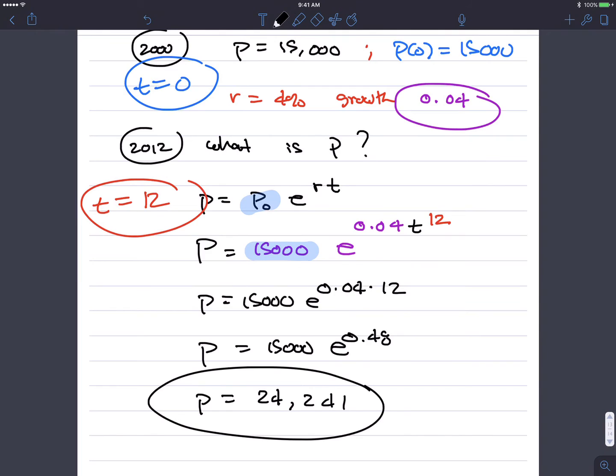So in 12 years, ELAC went from 15,000 to 24,241 students, and that assumed a 4% growth rate per year.